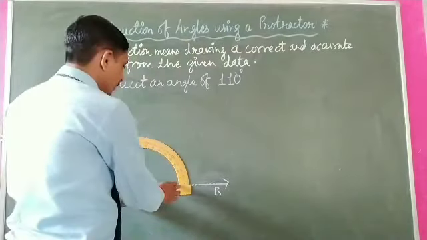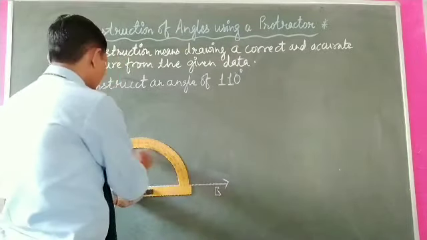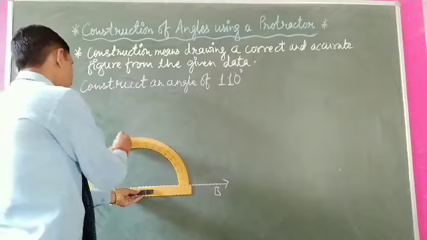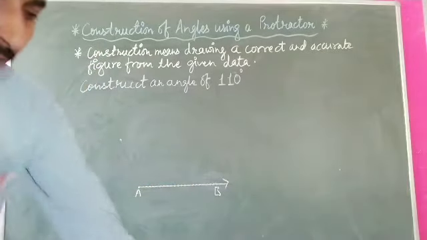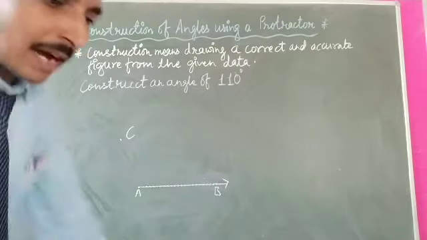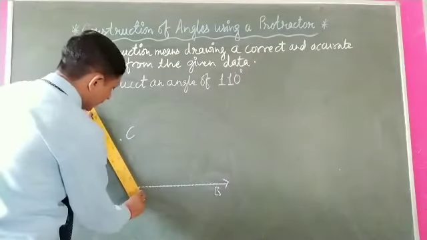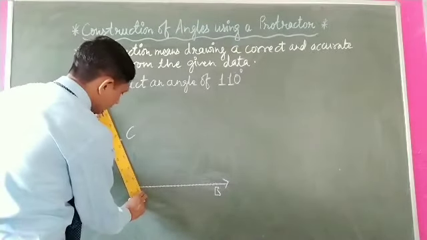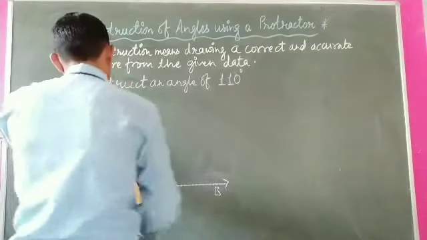Now read from 0 to 110 on the inner scale and mark a point C. Now remove the protractor and join the vertex A and C by drawing a ray.